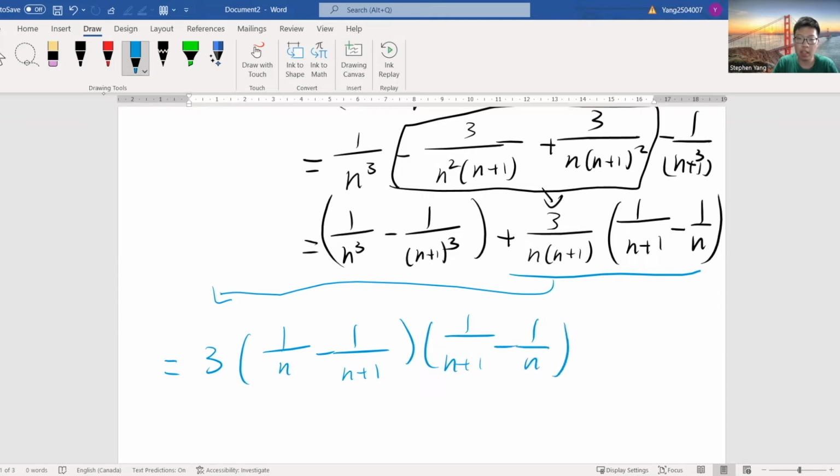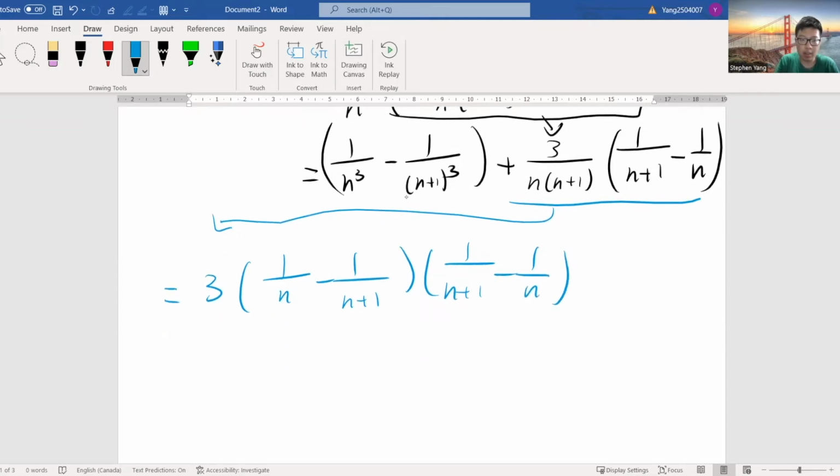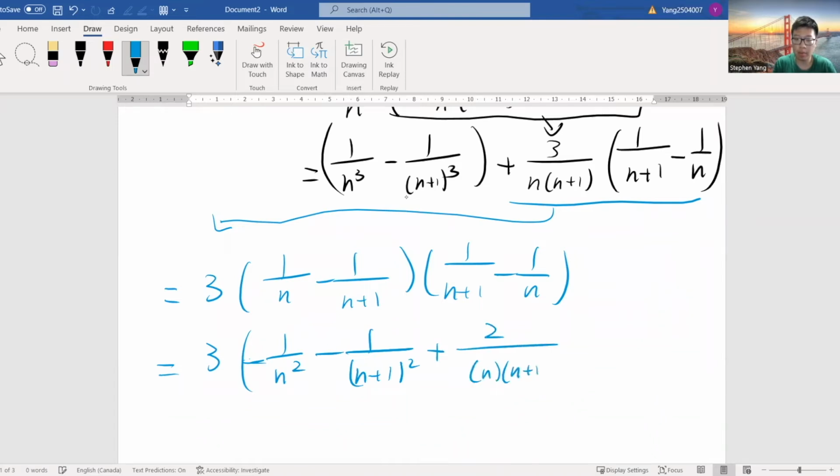This is in fact equal to 3 times the quantity negative 1 over n squared minus 1 over (n plus 1) squared, and then plus 2 over n times (n plus 1).